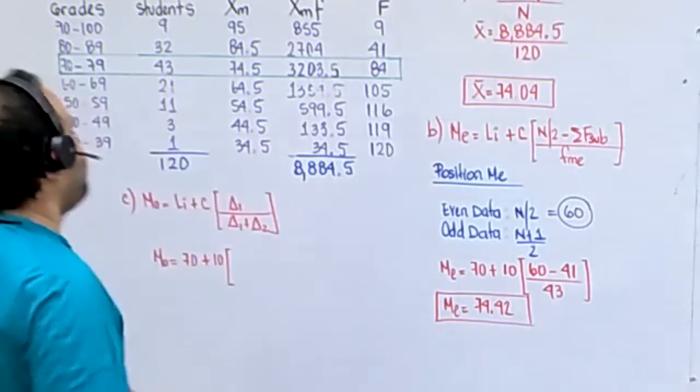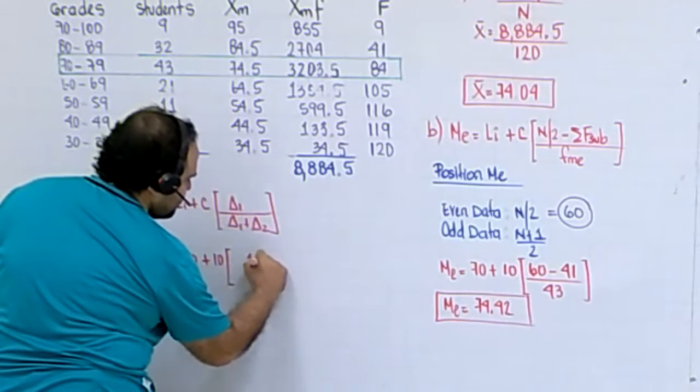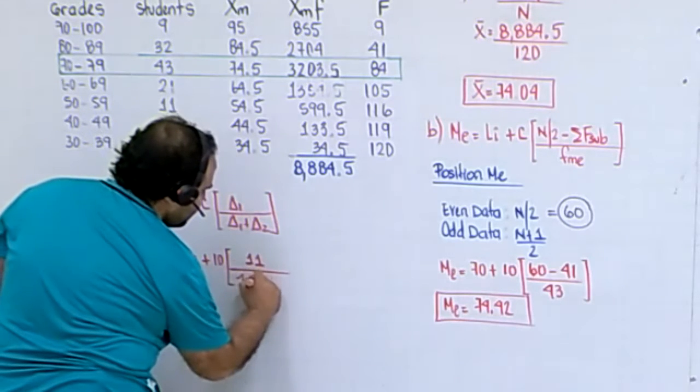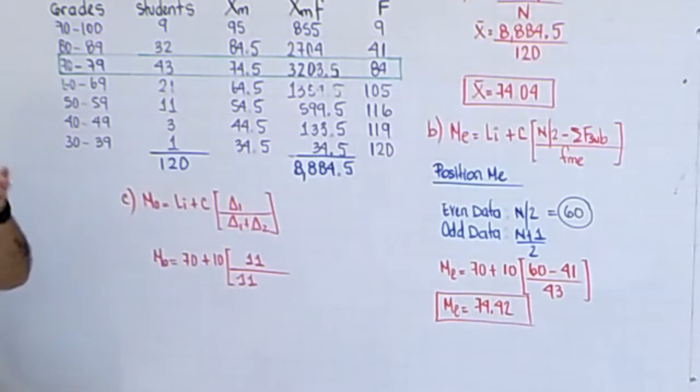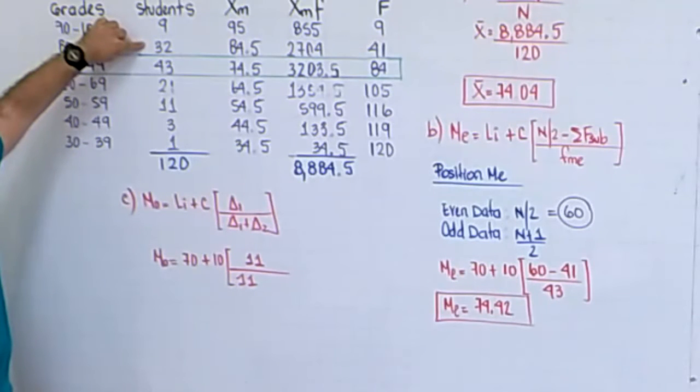And the answer, delta 1, will be 11. Okay? Repeat it again. Delta 1 will be a difference. Difference between what? It will be the mode frequency minus the upward frequency. This is going to be delta 1.